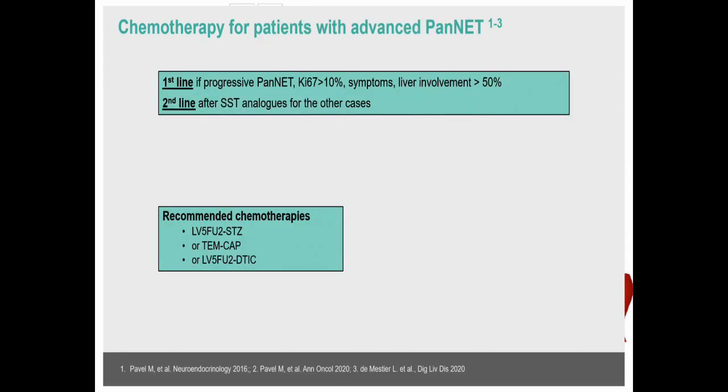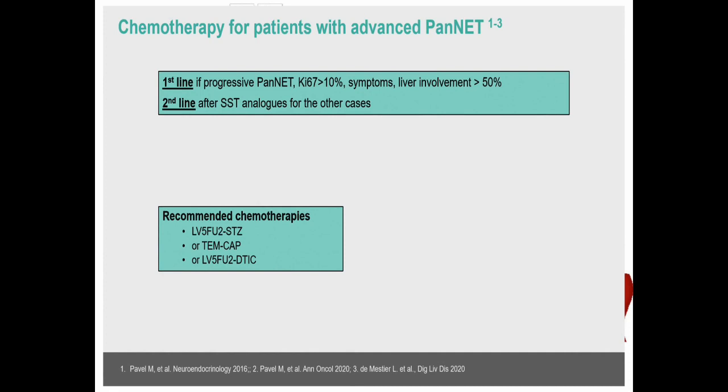So, when and how should we use chemotherapy for patients with advanced pancreatic neuroendocrine tumors? First line, if the disease is aggressive, high Ki-67, symptomatic patients, importantly in their involvement, over 50%, and in second line, as I said at the beginning, in the patients who have more quiet disease after failure of somatostatin analogs.